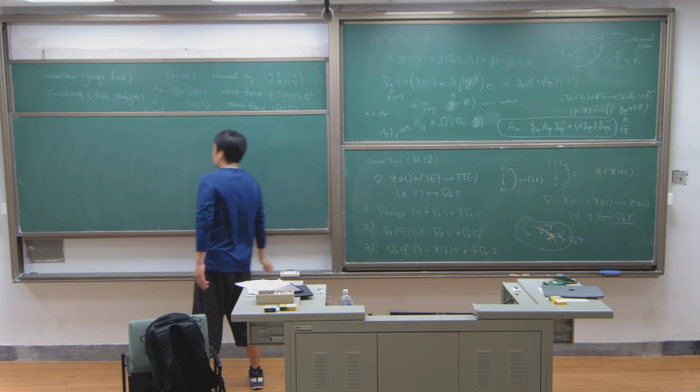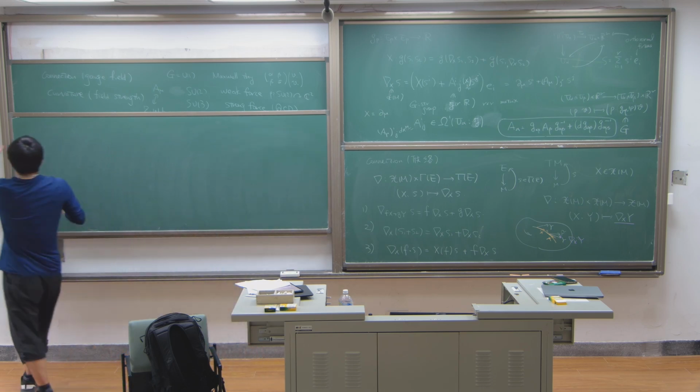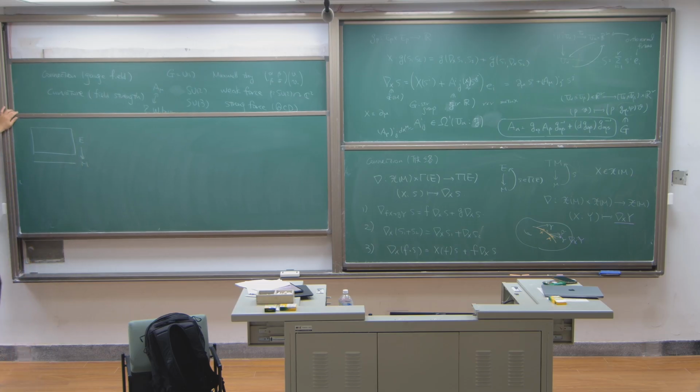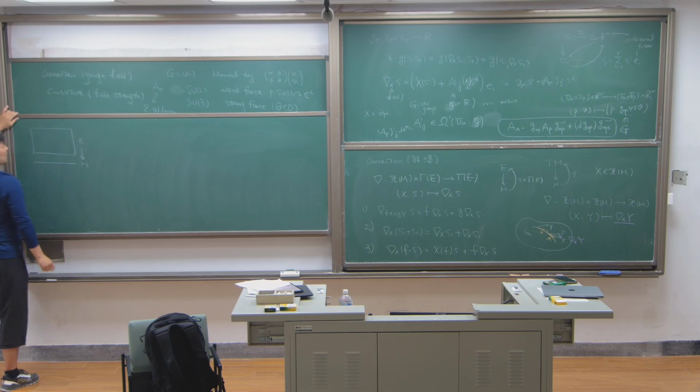Again, essentially the connection is that if you have a vector bundle E, then you can define the parallel transport given the point in the fiber here.